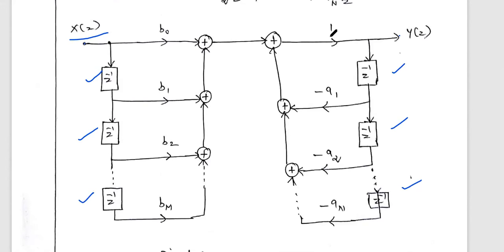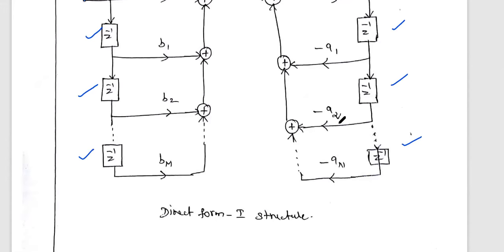In the first line, without delay, the multiplier is 1, and after delaying the first output we multiply with the coefficient minus a1. Here for b0, b1, b2 the direction is left to right, but here the multiplier direction is right to left, with the value minus a1.